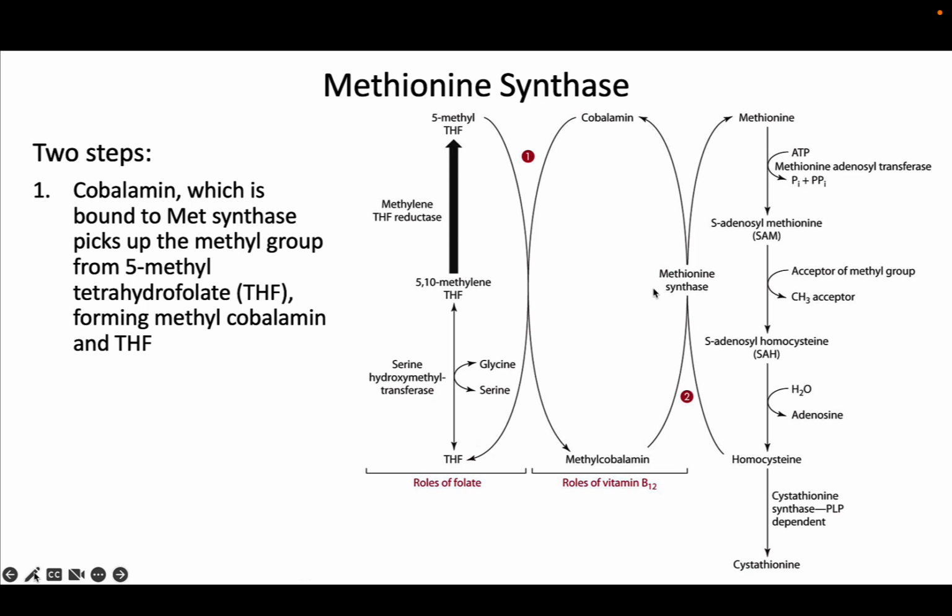So B12 is a coenzyme, and it's going to pick up a methyl group and pass it along. So here we have just cobalamin up here, and then it gains the methyl group as we move down, and now it's methylcobalamin. So that methyl group is donated by folate, particularly in the form of 5-methyl tetrahydrofolate.